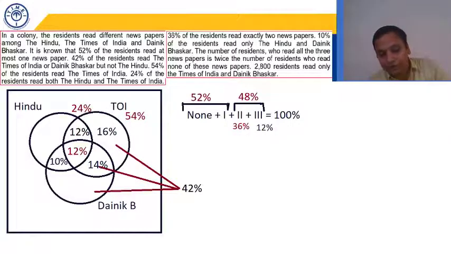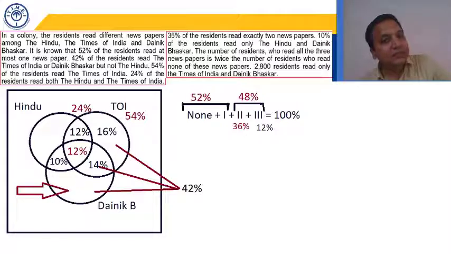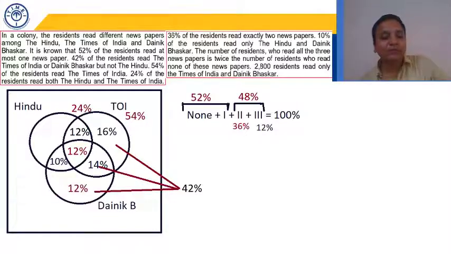Also, if we move further, what comes in this region? We had marked 42% as the sum of three regions, out of which two we know. 16 plus 14 is 30%. So 42 minus 30 is 12%, which comes in this particular area. This 42% is the residents who read the Times of India or Dainik Bhaskar, but not the Hindu.